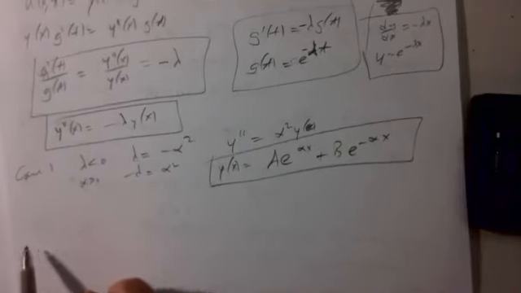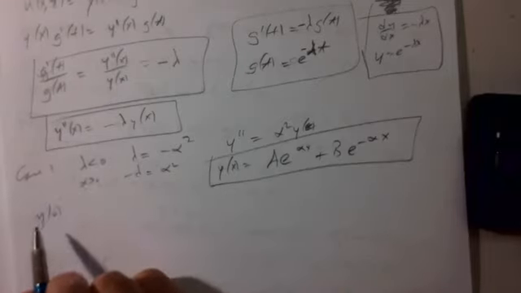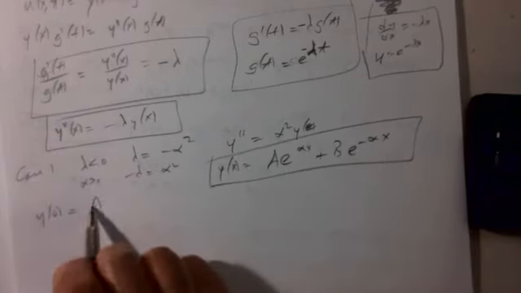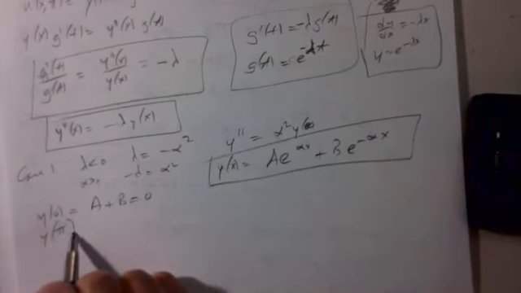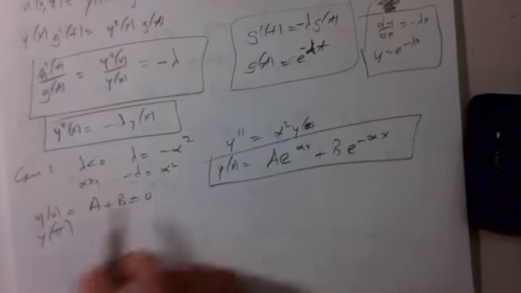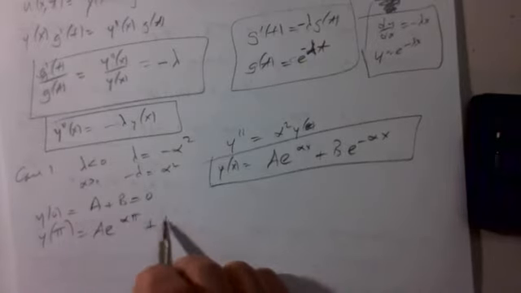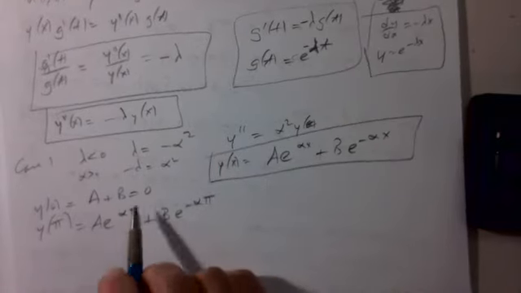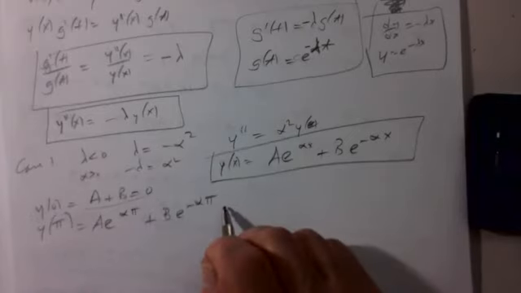Now, in that case, what do the initial conditions say? So y of 0 is a plus b is 0. And y of pi is a e to the alpha pi plus b e to the minus alpha pi. But of course, from the first equation, b is equal to minus a.